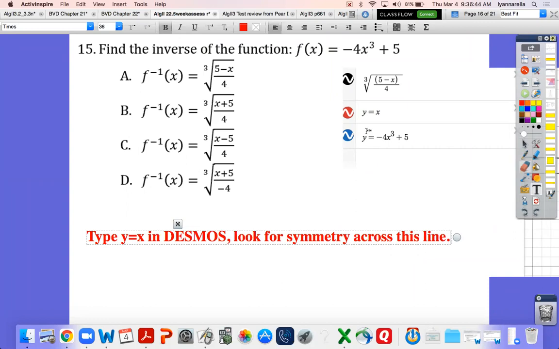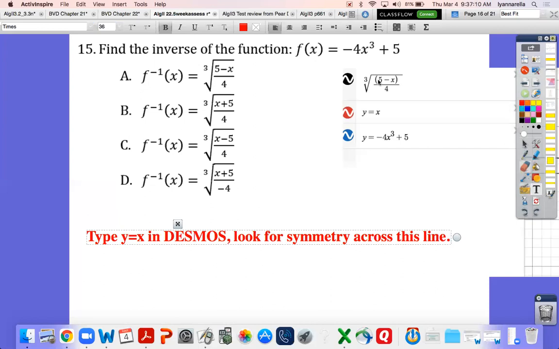It means it's symmetric across y equals x. So a lot of it isn't even really hard math. There is a way to find this out: you could switch x with y, remember, this is y, and then solve for y again. If y is over here, you have to solve for y, and one of these 4 will be correct. It takes a while to do that. Or you could just graph in Desmos until you find this perfect symmetry across the line y equals x.